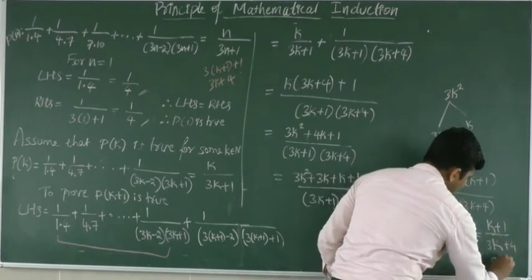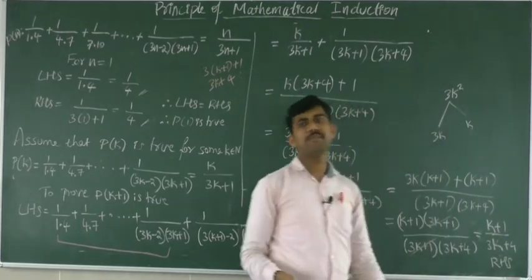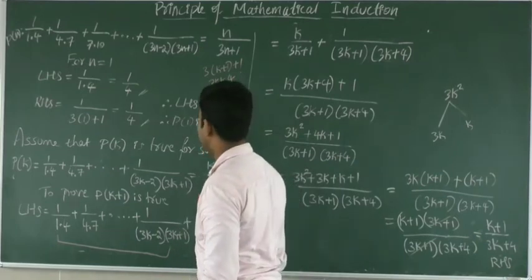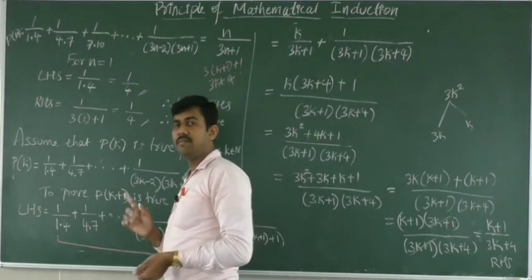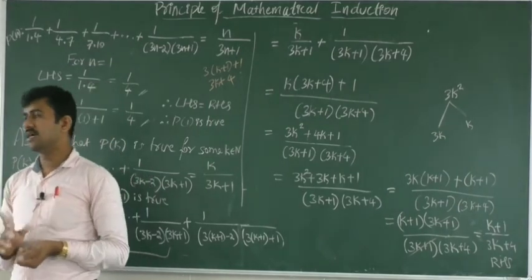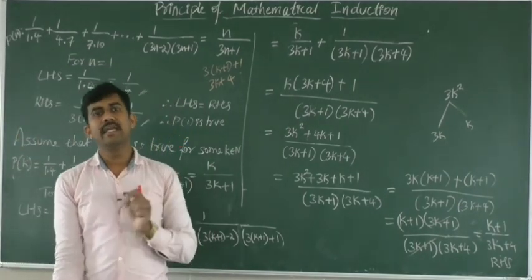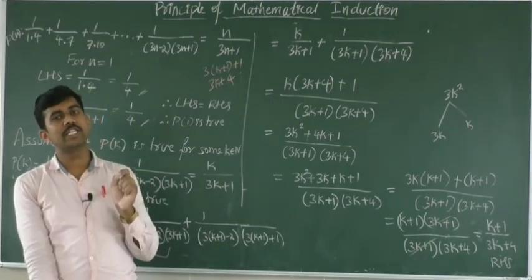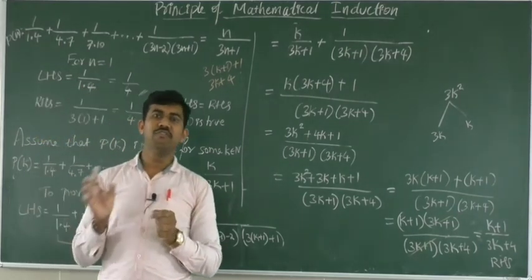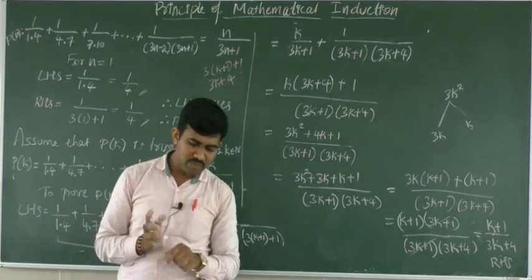Clearly this is the right hand side of p of k plus 1. Hence we can say our statement is verified. Or you can give the conclusion that hence by the principle of mathematical induction, p of n is true for all natural numbers n.